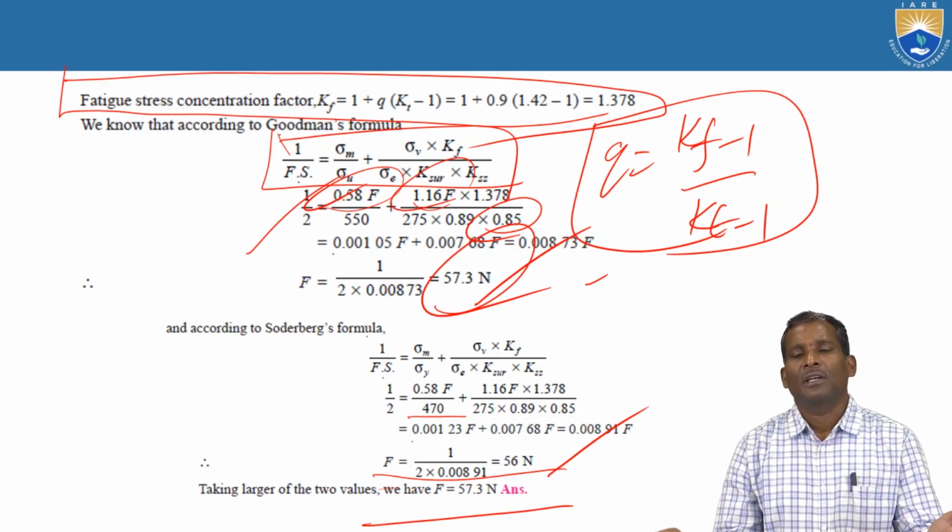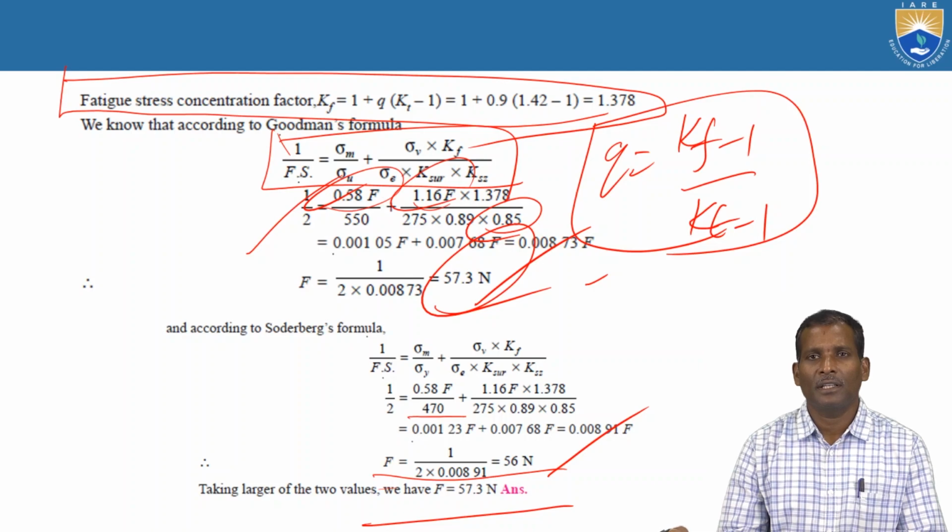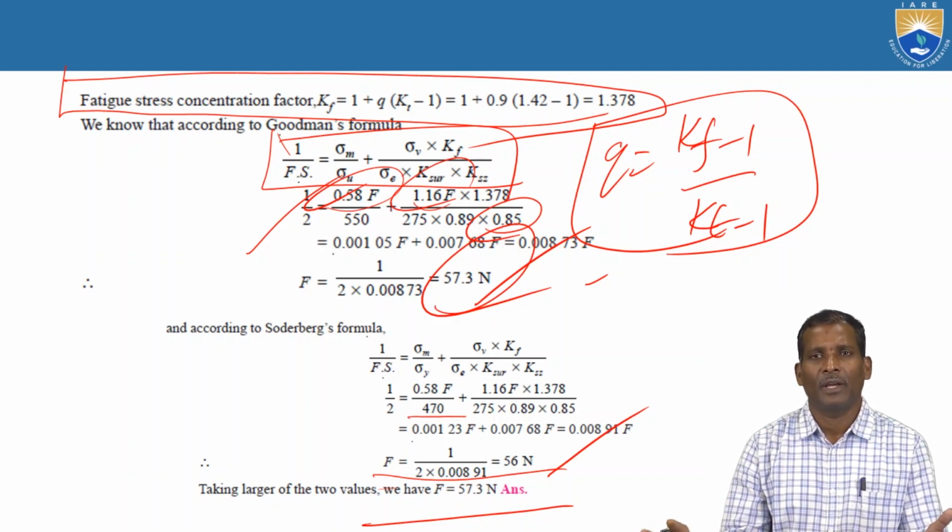Suppose it is a reversal bending load, one factor will affect, that is the bending load factor. And for axial loading, you should multiply the reversal axial load factor, and also the shear loading factor. You have to take all loading factors into account. Without considering these loading factors, you may not get exact results, so you need to multiply all these values. Then only your design is safe.